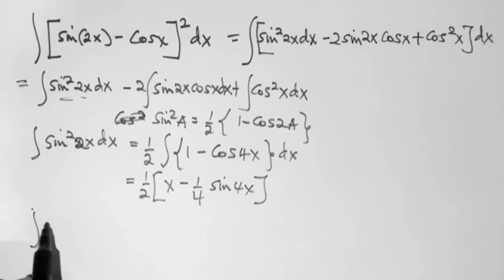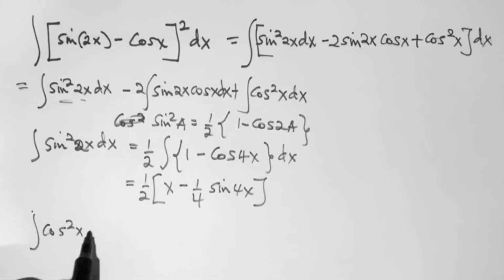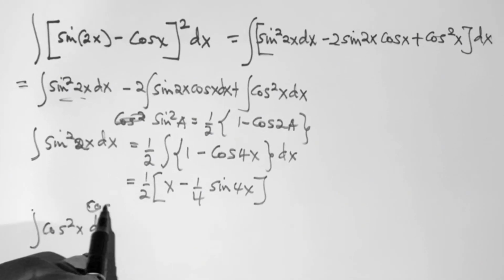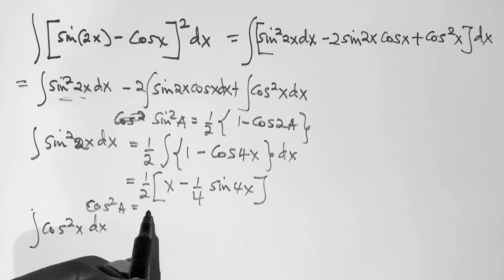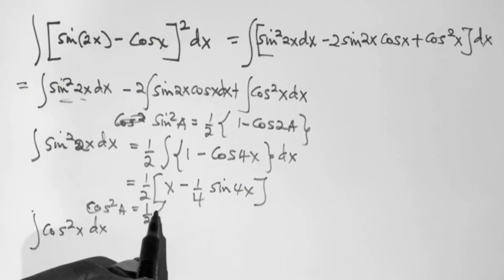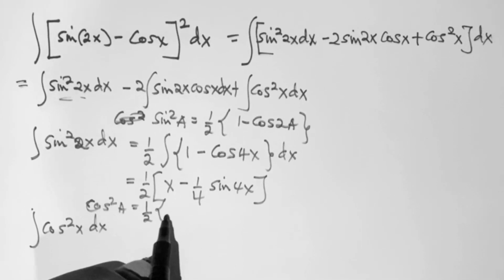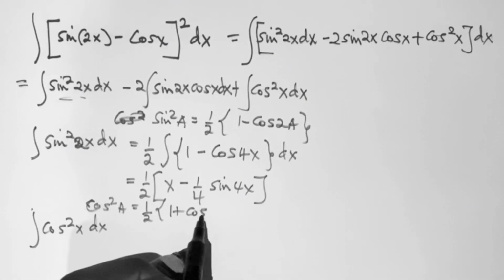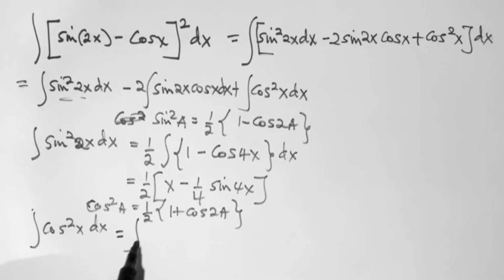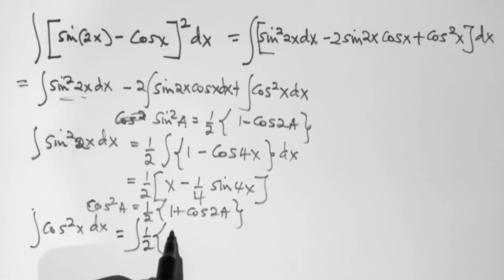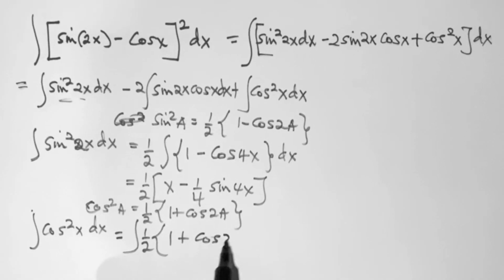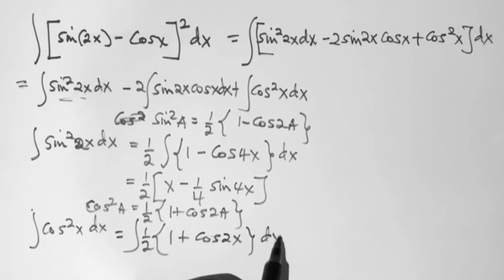So what is the integral of cos squared x dx? Remember that from trigonometric identities, cos squared a is equal to half of 1 plus cos 2a. So this one is equal to the integral of half of 1 plus cos, the 2a becomes 2 times x, which is 2x, dx.